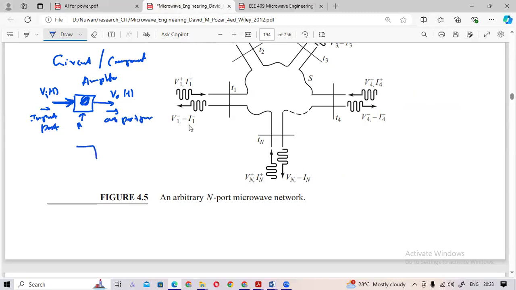If you consider a filter, you have an input signal and also an output signal. For example, let's say this is a high pass filter.